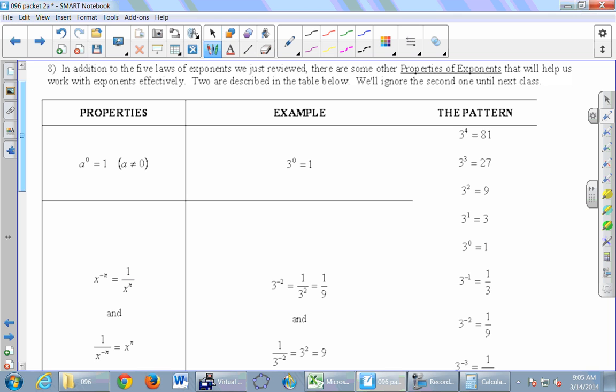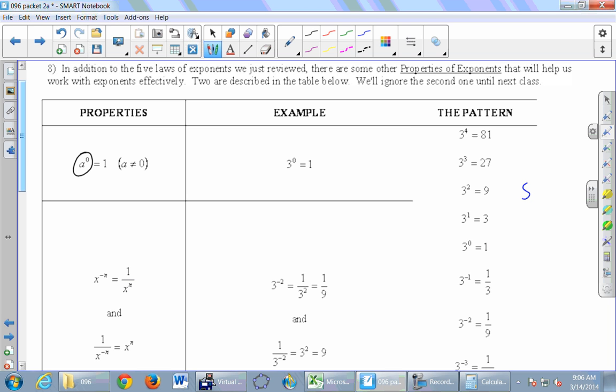Any other guesses for what a reasonable answer might be for any number to the 0? Like it's apparently 1, but 0 seems like a perfectly good answer. So there is a reason that it's equal to 1, but it's kind of strange.